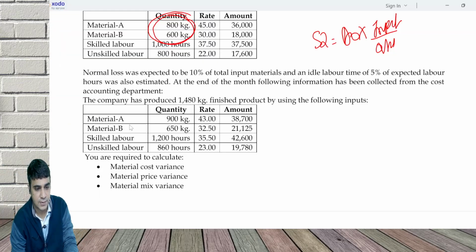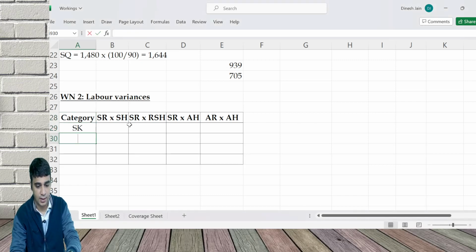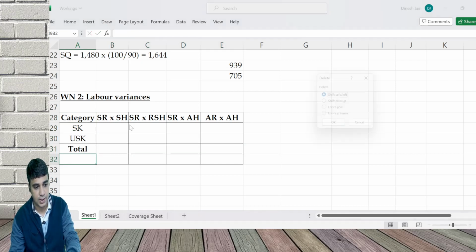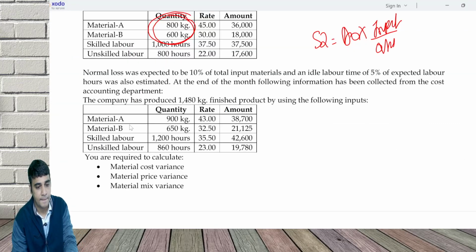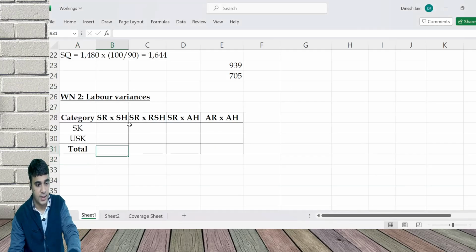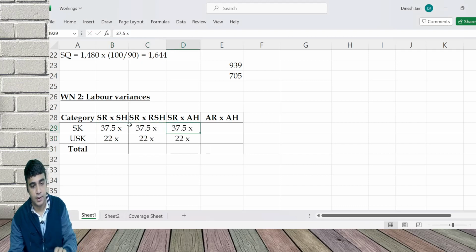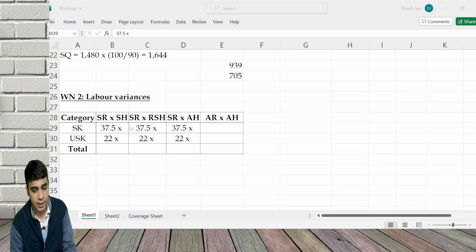What are the two categories of workers? Skilled, unskilled, total. How much is the SR? 37.5 for skilled and 22 for unskilled. What about the AR part?